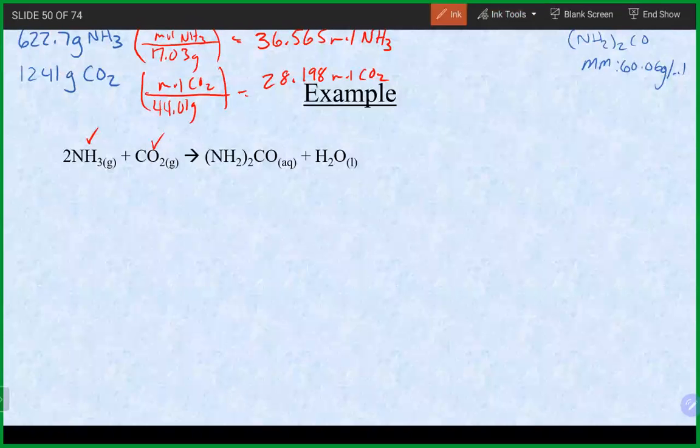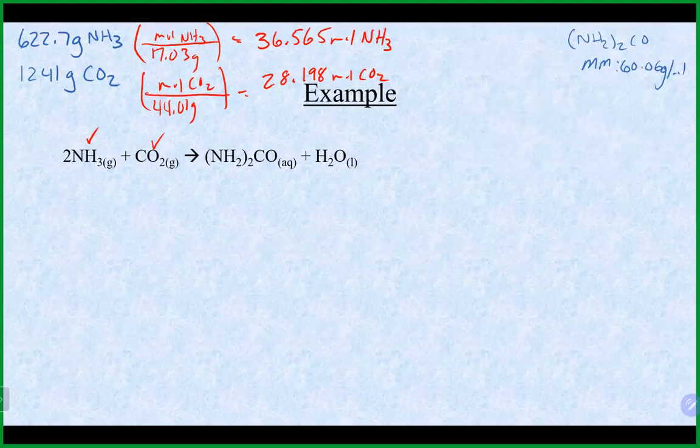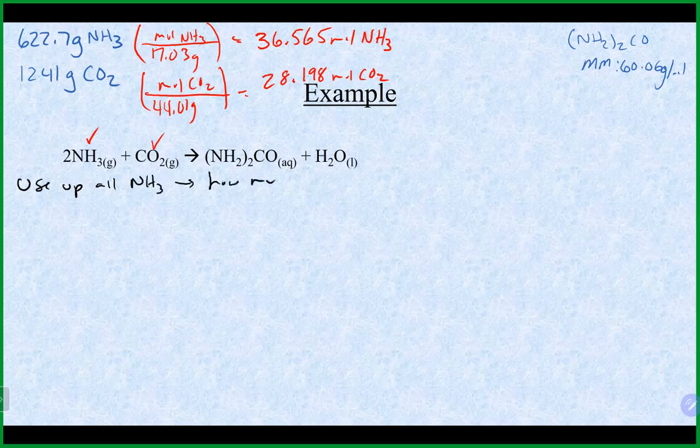So in this case here, I'm going to want to use up all of my NH3. I want to know how much CO2 is needed. So taking the starting amount, which is what both of these numbers represent, I'm going to take the starting amount of my NH3, which is 36.565 moles.